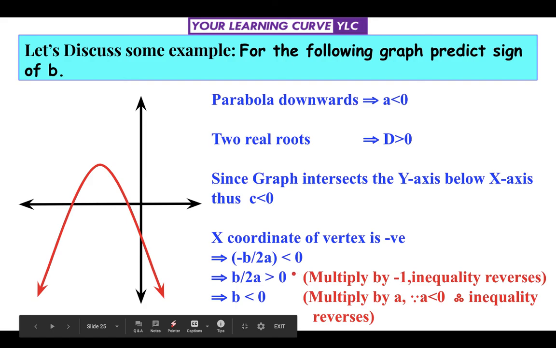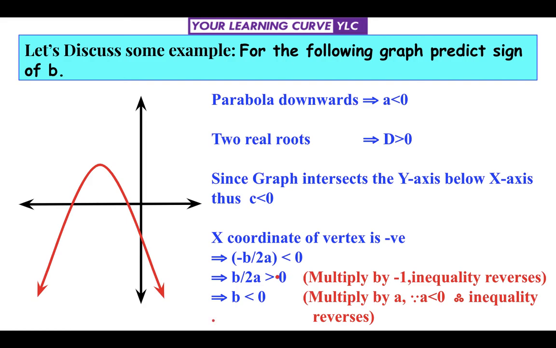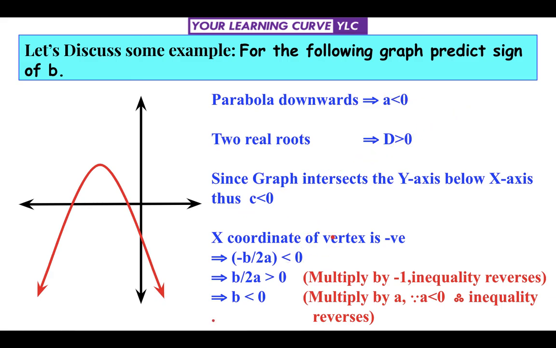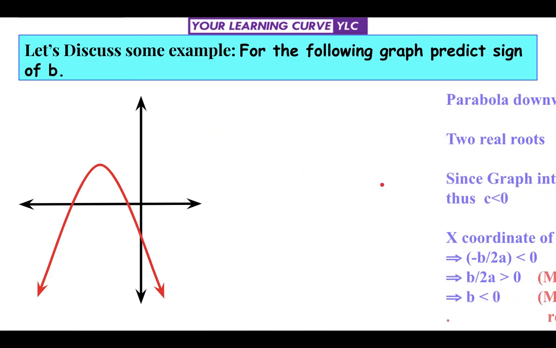When we will be multiplying this entire expression by 2a, we are multiplying by a negative number, hence the sign of inequality will again change and it will become b is less than 0. So in this graph, the quadratic expression will have a negative, c negative and b negative. All the coefficients will be negative.